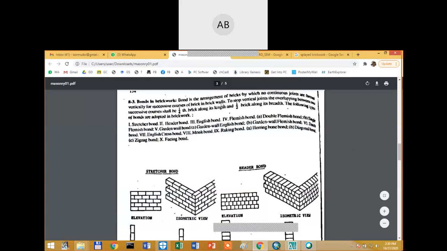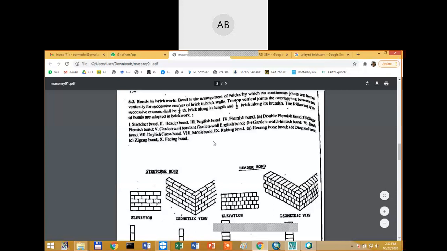So the most famous types are known as the header bond, the stretcher bond, the English bond, and then the Flemish bond. Of course, there are also double Flemish bond or single Flemish bond. Then there is a garden wall bond, garden wall English bond, garden wall Flemish bond, Dutch bond, English cross bond.